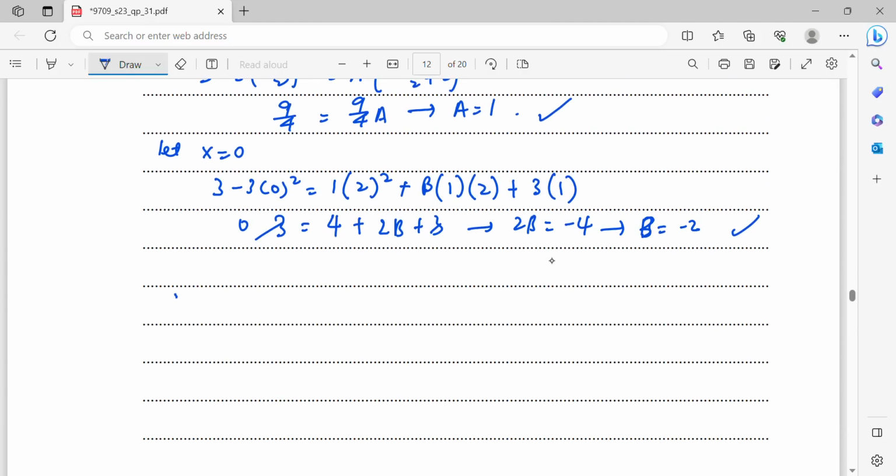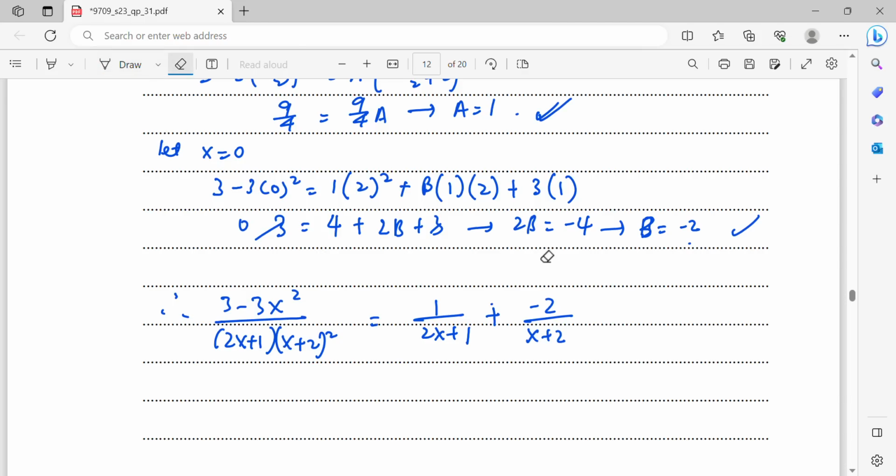So in order to get the answer, 3 minus 3x squared over (2x plus 1) multiplied with (x plus 2) squared is going to be a. A is 1, so 1 over 2x plus 1. Then the b, so plus negative 2 over x plus 2. But then we never write plus and minus 2. So what we need to do is just directly multiply the plus with the minus. Just write the middle as minus.